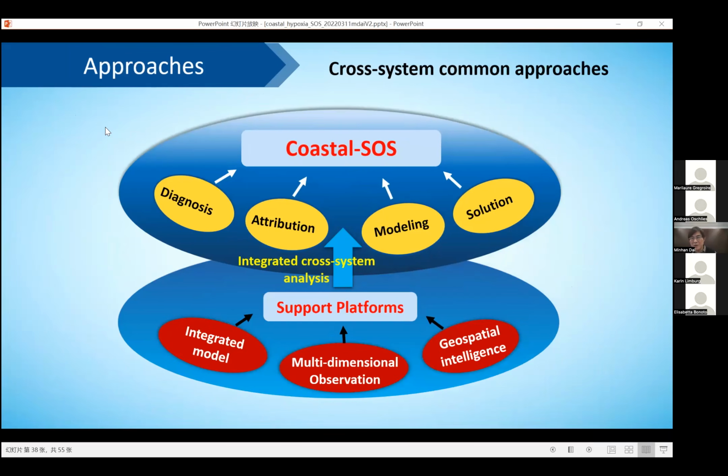The approach we are trying to adopt is really the cross-system common approach. Again, this is based on the integrated model, observation, and the digital twin ocean.